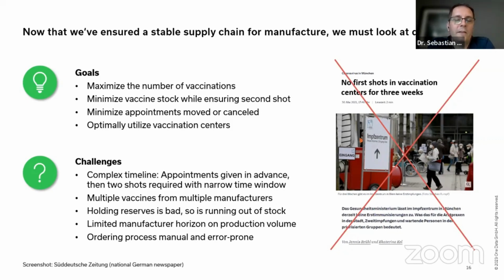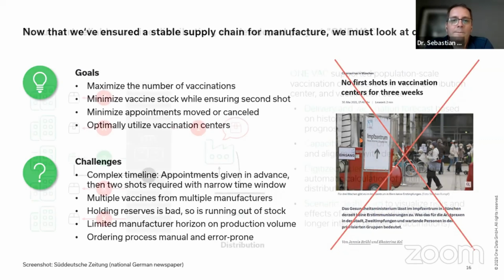Of course, you have also the other vaccines like from Moderna, AstraZeneca, J&J, that were available. And you always have to strike this balance between, on the one hand, you need to make sure that the second dose is there when you need it. On the other hand, you don't want to have excess stock. So that really was its own balancing act.